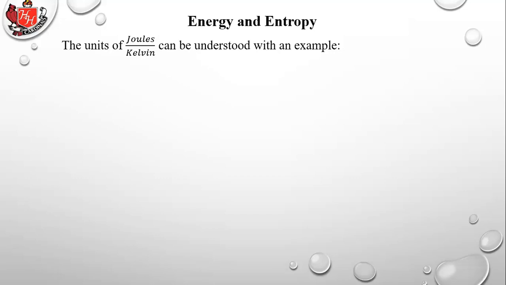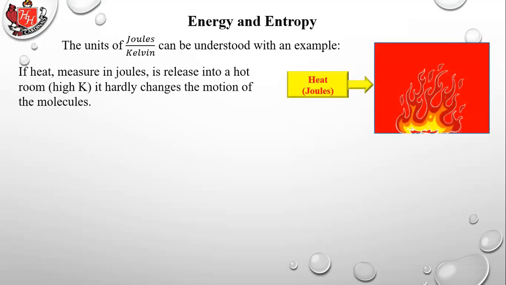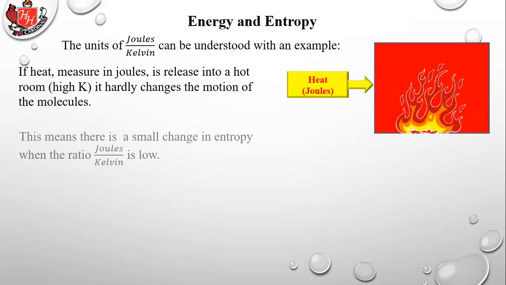The units joules per Kelvin can be understood with an example. If heat measured in joules is released into a hot room, that is with a high temperature in Kelvin, it hardly changes the motion of the molecules. This means that there is a small change in entropy when the ratio of joules to Kelvin is low. The molecules are already moving quickly.